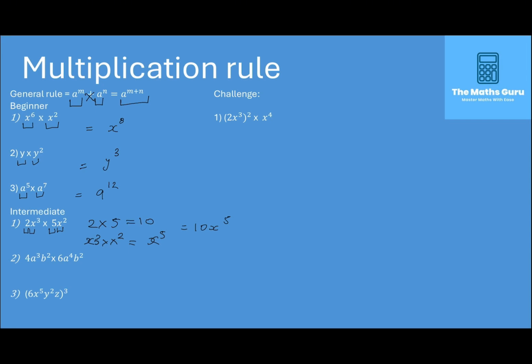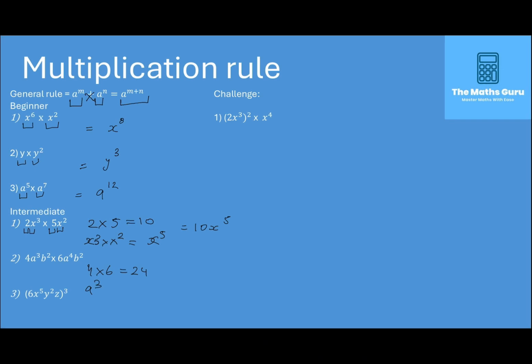Okay, this is when things start to get a bit more tricky. We want to look at each term individually again. So we want to look at the numbers, and the terms that have the same base, and treat them as separate instances and then put them together at the end. So in this case, 4 times by 6 is 24.